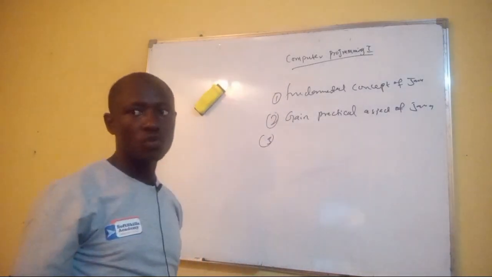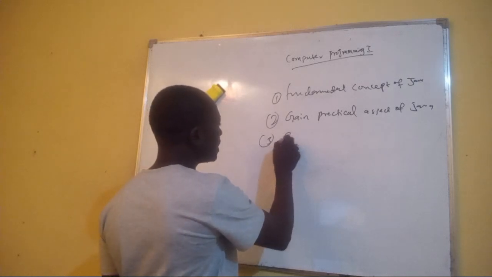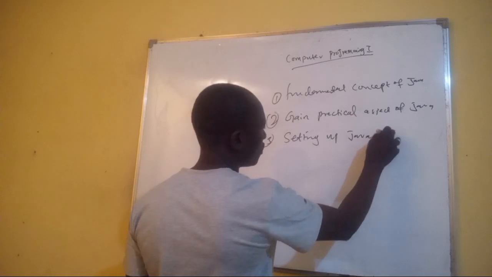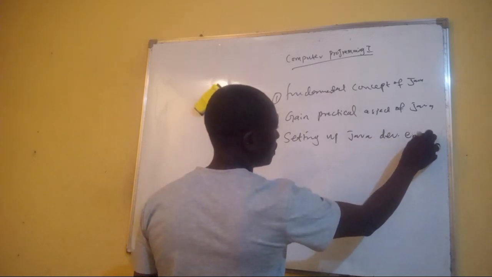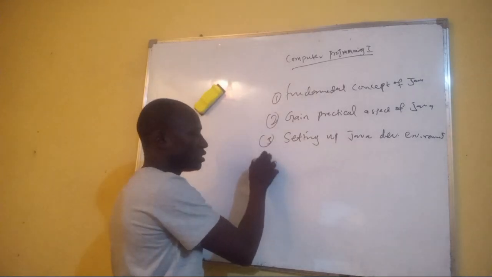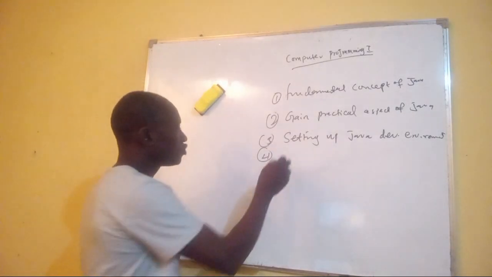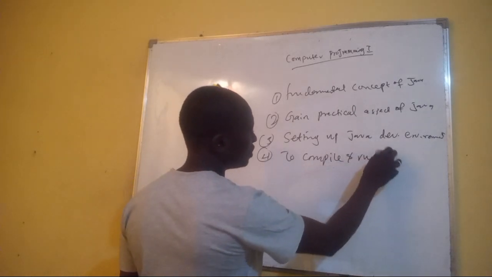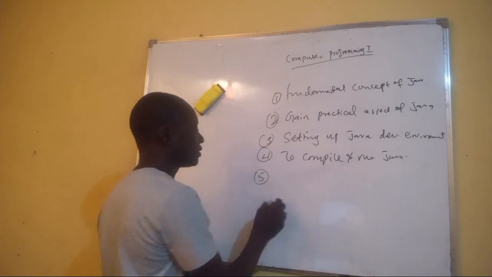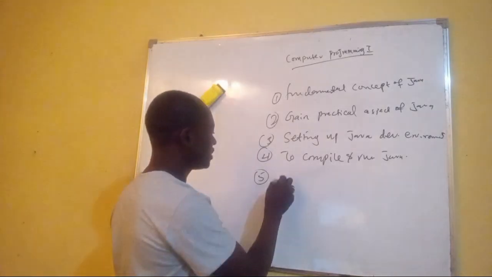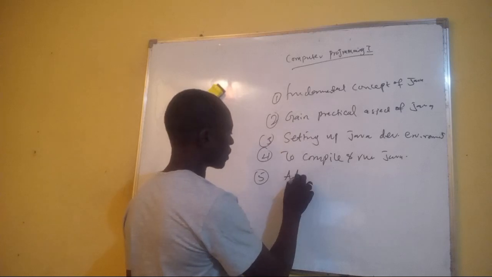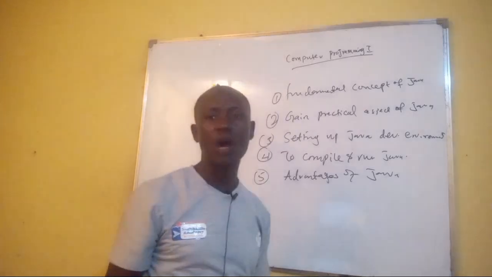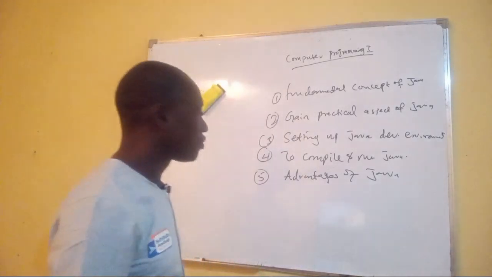The third one is to be able to install or set up the Java development environment. The fourth one is to know how to compile and run a Java program. And the fifth one is to appreciate the advantages of Java programming, or why we are choosing Java programming over any other programming languages.